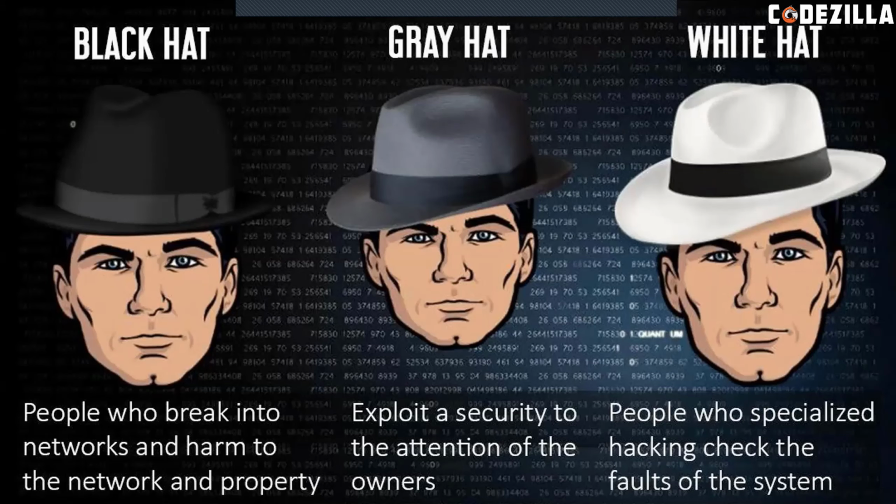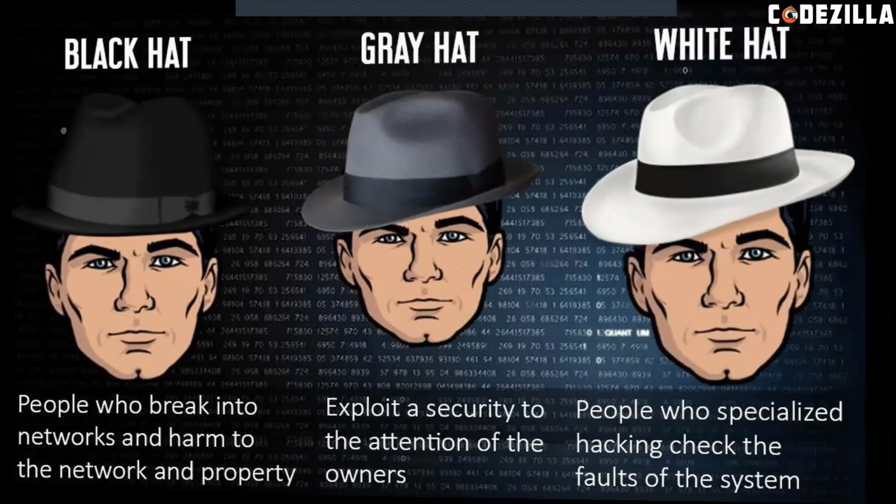A company requires white hat hackers to keep their data safe and give a reliable service. Lastly, coming to gray hat hackers. These are individuals who work both offensively and defensively at various times. We cannot predict the behavior. Sometimes they use the skills for common good, while at other times they use them for their own personal gains.